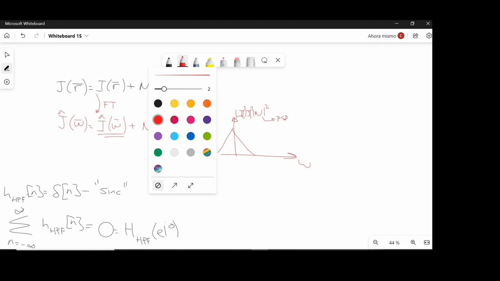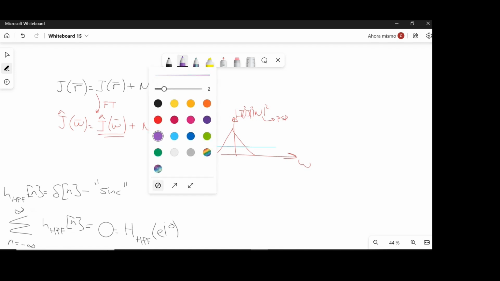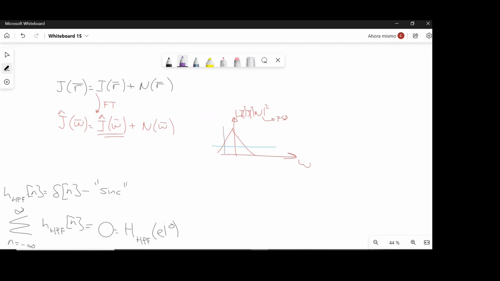Ahora lo que pasa es que encima de esto tengo ruido. Vamos a suponer que tengo ruido blanco. Entonces, si yo hago un filtro paso bajo aquí, y me quedo justo con la frecuencia donde tengo más señal que ruido, todas estas frecuencias me las estoy quitando.